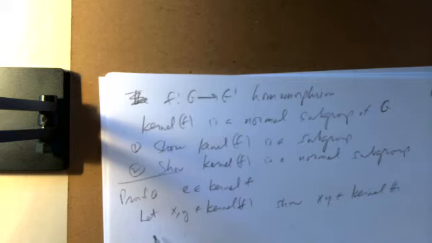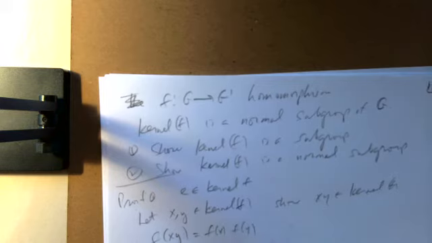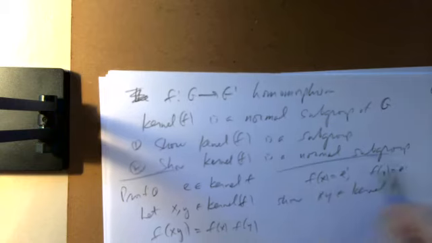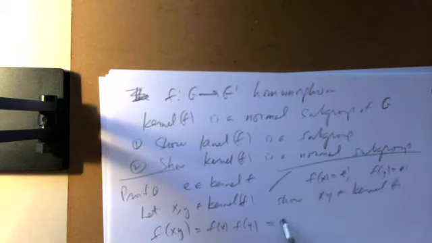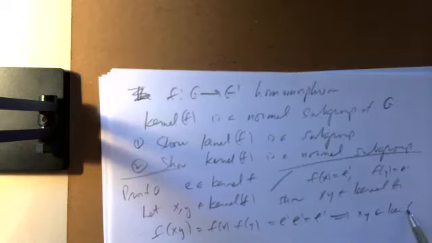Well, why is that? f of x times y is f of x times f of y. And because x and y are in the kernel, f of x equals the identity, and f of y equals the identity. So this is identity times identity, which is identity. So f of xy is the identity. So the product xy is in the kernel of f.